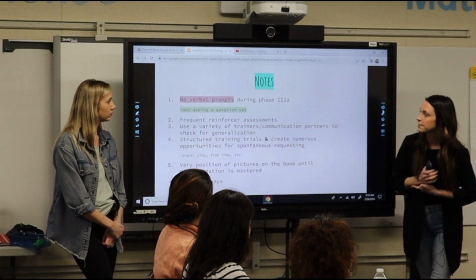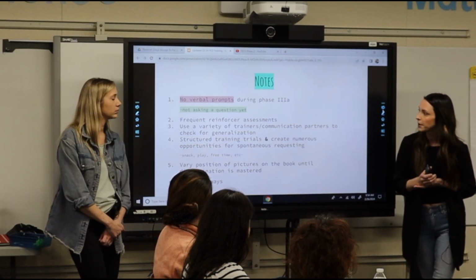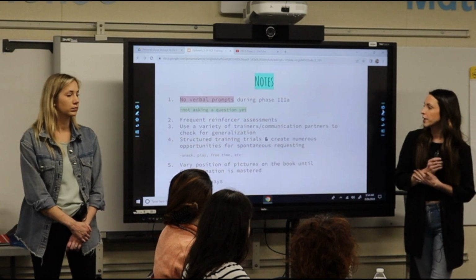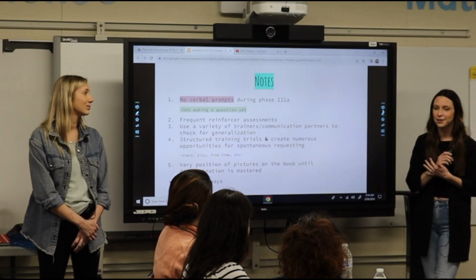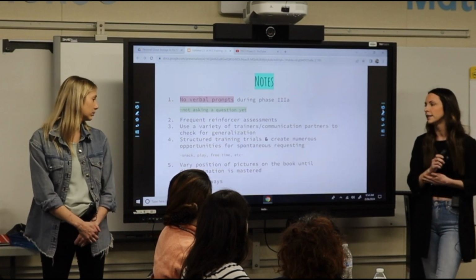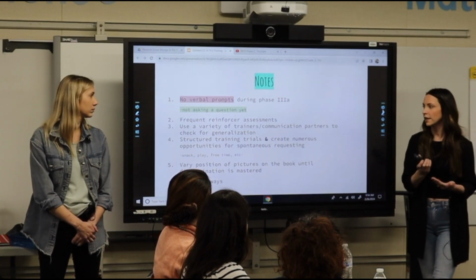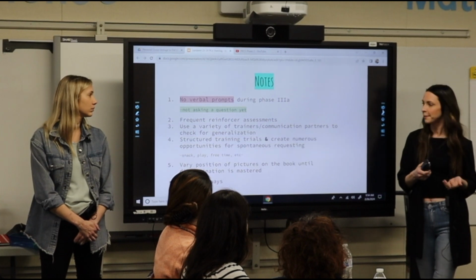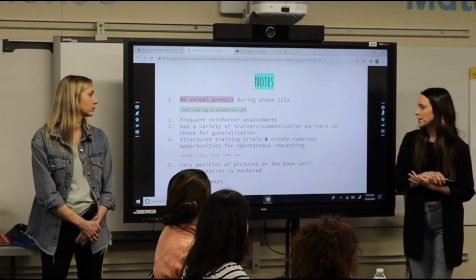Frequent reinforcer assessments use a variety of trainers and communication partners. We want structured training trials. This is where I would say definitely isolate them a little, not in a huge group. If it's push-in, take them to the pod, because we're testing for that understanding a little more in depth. Vary position of pictures on the book.